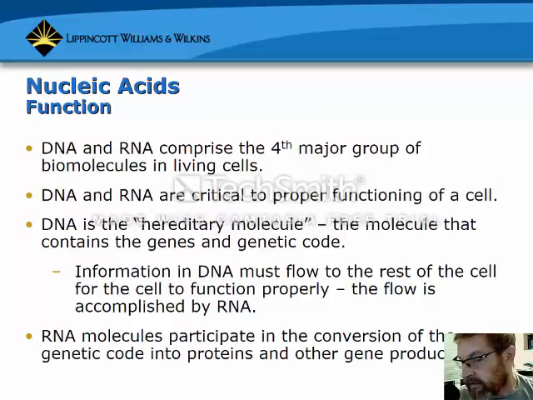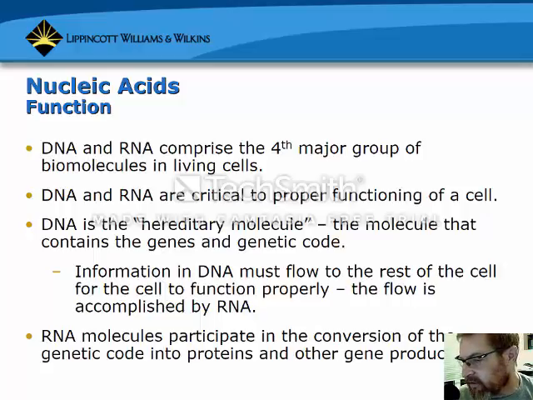The next group of biomolecules are the nucleic acids, and the nucleic acids are fun and are almost exclusively DNA and RNA. And I think all of you know that all cell types have DNA and RNA, but a virus doesn't have to have both. It will have either DNA or RNA.